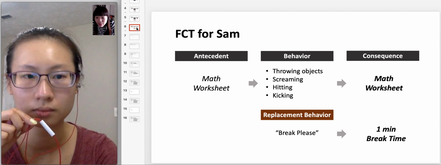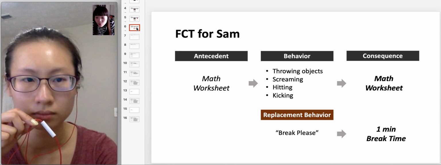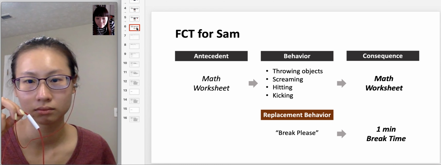Based on the FCT results, we concluded that Sam engages in challenging behaviors such as throwing objects, screaming, hitting, and kicking to escape from his math worksheets. During the FCT, we will teach him how to ask for a break time in a socially appropriate way.